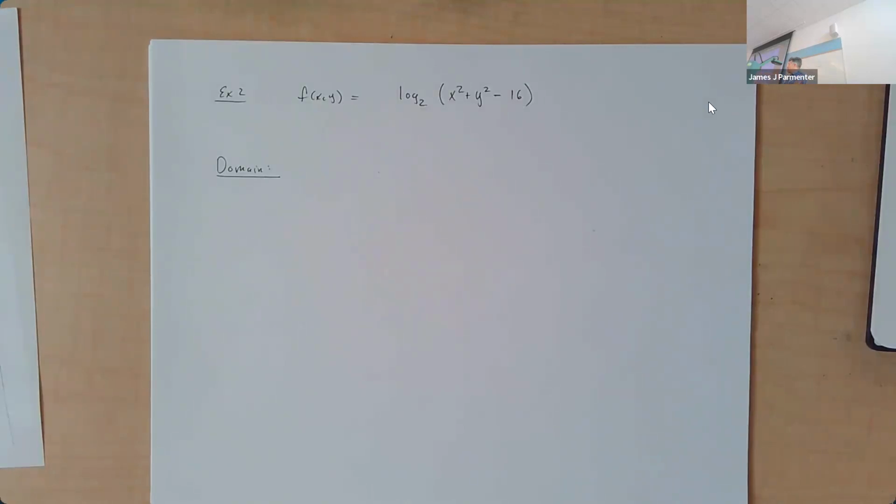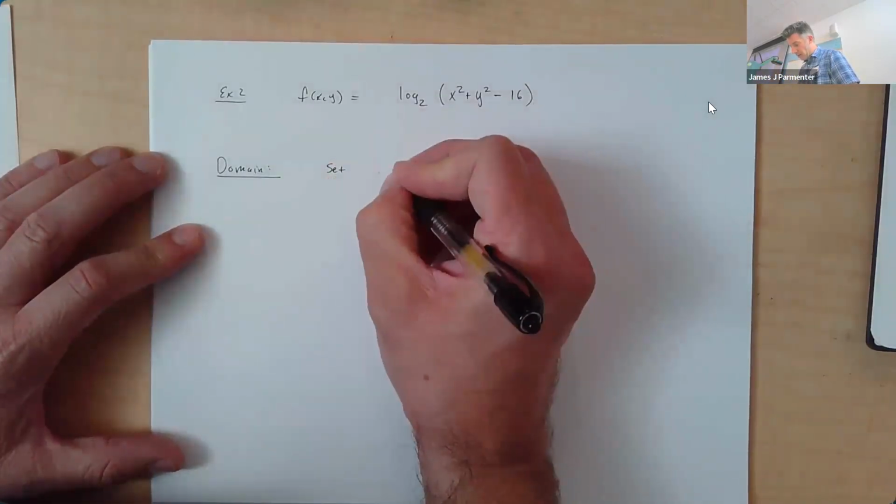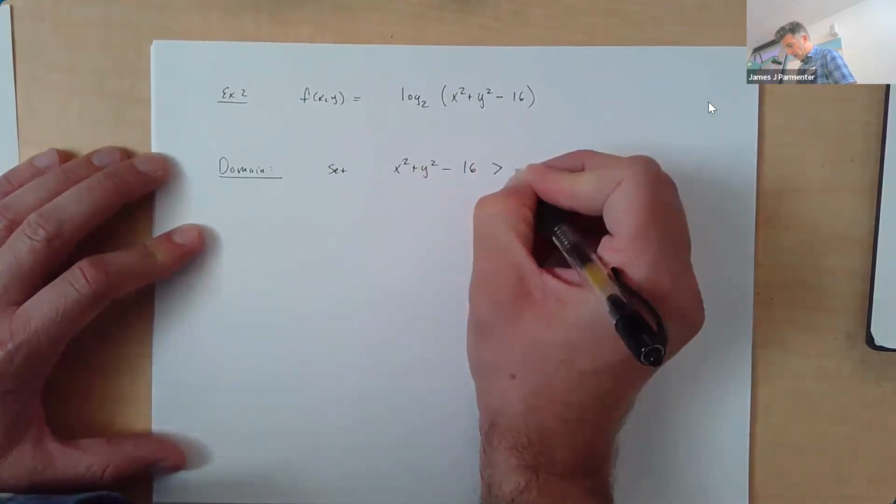There's no division here, so no worries. We can't take the square root of negative numbers like in the previous example, so we set the inside of the square root to be greater than or equal to 0. And for logarithms, we can't take the logarithm of 0 or a negative number. So for a logarithm, you have to set the argument to be strictly greater than 0. So we're going to set everything in the logarithm, x squared plus y squared minus 16, to be strictly greater than 0.